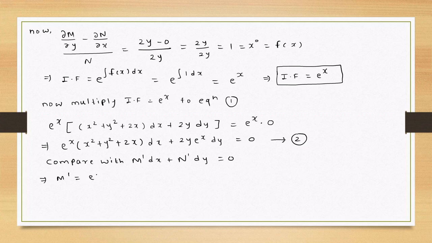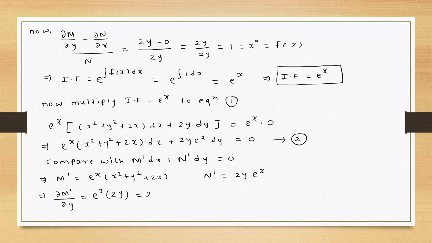It is e raised to x into (x square plus y square plus 2x). And what is n dash here? It is 2y e raised to x. So dou m dash upon dou y is e raised to x into (x square is 0, y square gives 2y, and 2x is 0).